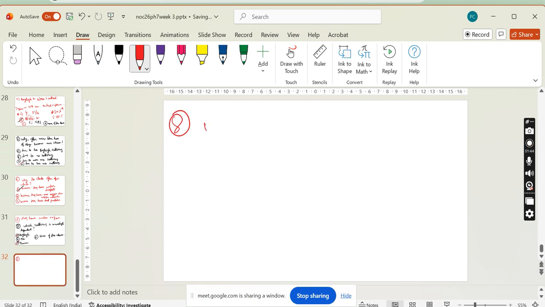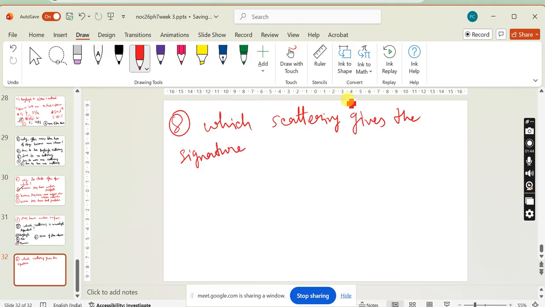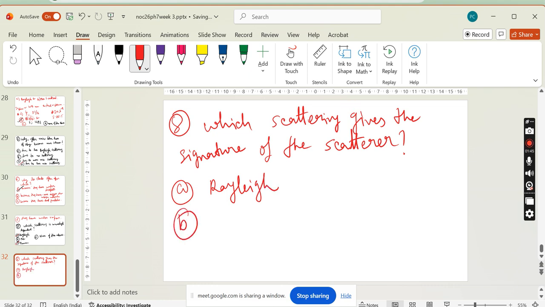Here comes the next question. Which scattering gives the signature of the scatterer? A, Rayleigh. Signature is a particular peak due to that scatterer.